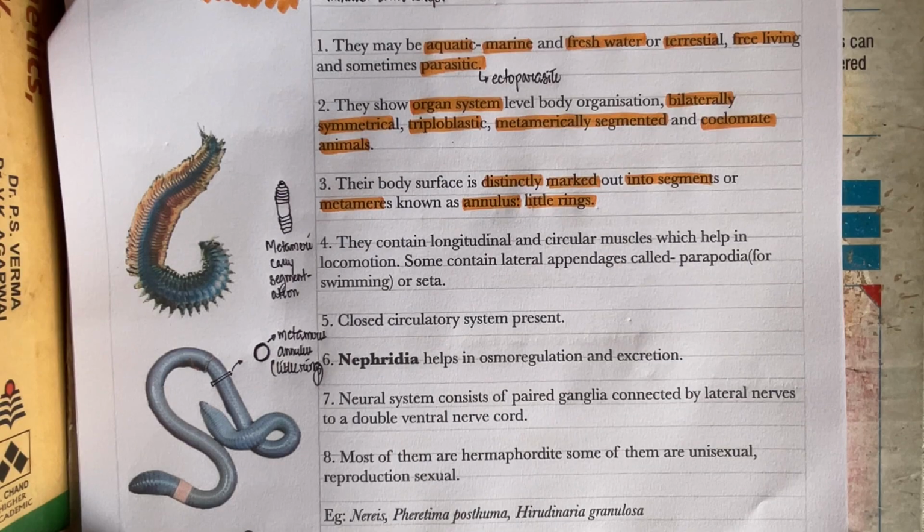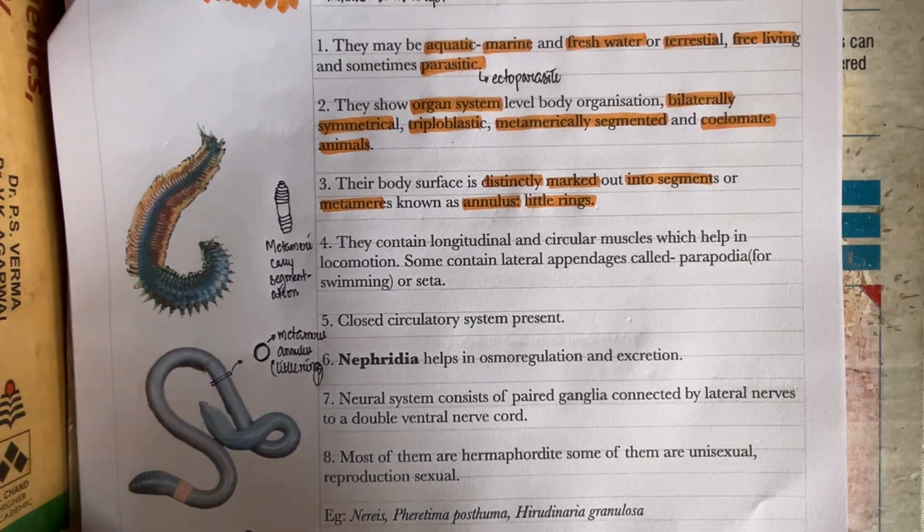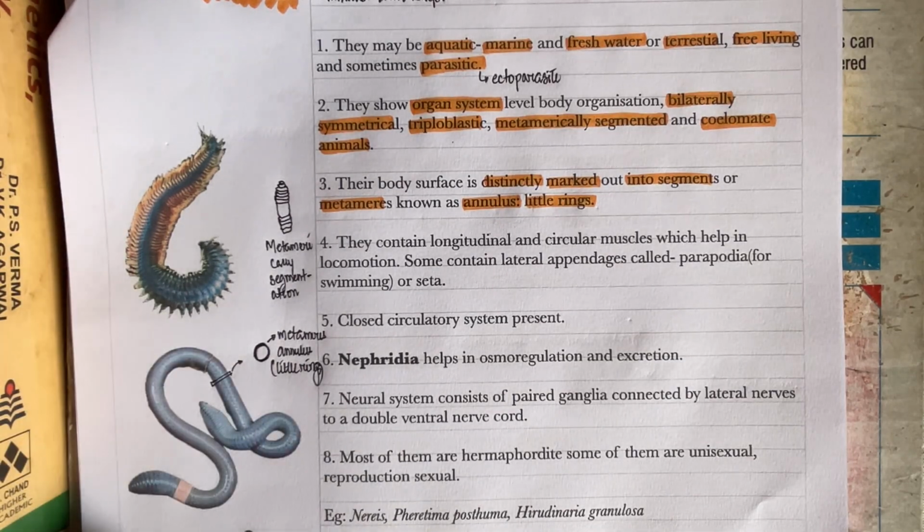So that is how the little rings are present. Okay? Their body has distinctive segmentation, that is called metameric segmentation.